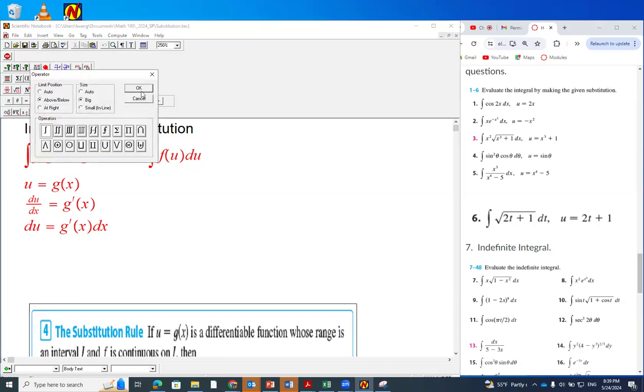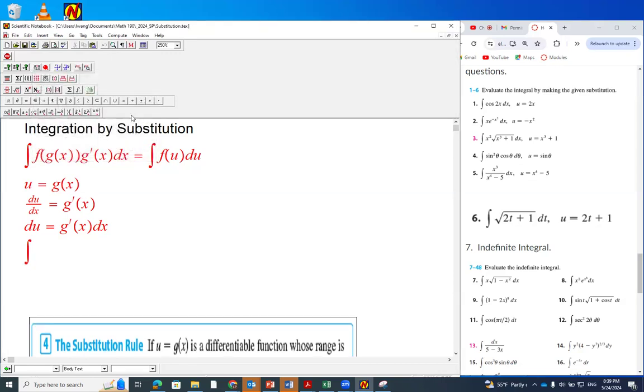We have the integral of cosine 2x dx. How do we integrate that? We know the antiderivative of cosine x, but we don't know the antiderivative of cosine 2x.